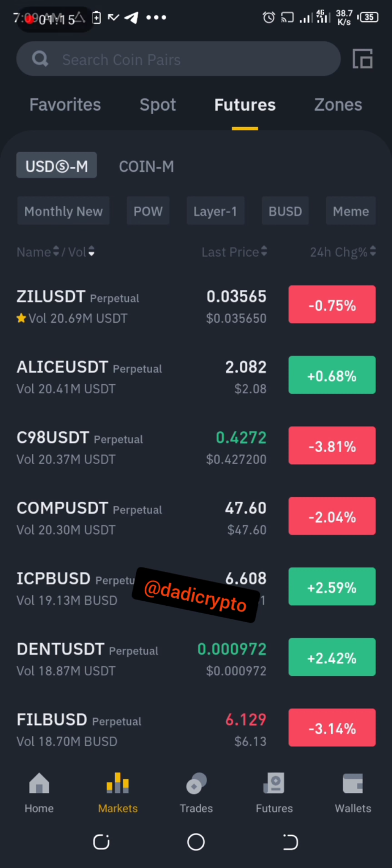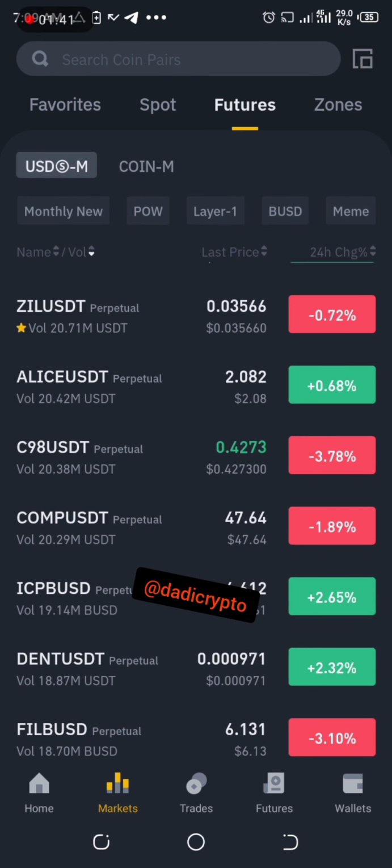When you predict the future price of a particular crypto asset, whether going up or going down, and you are able to predict it correctly, you make money.